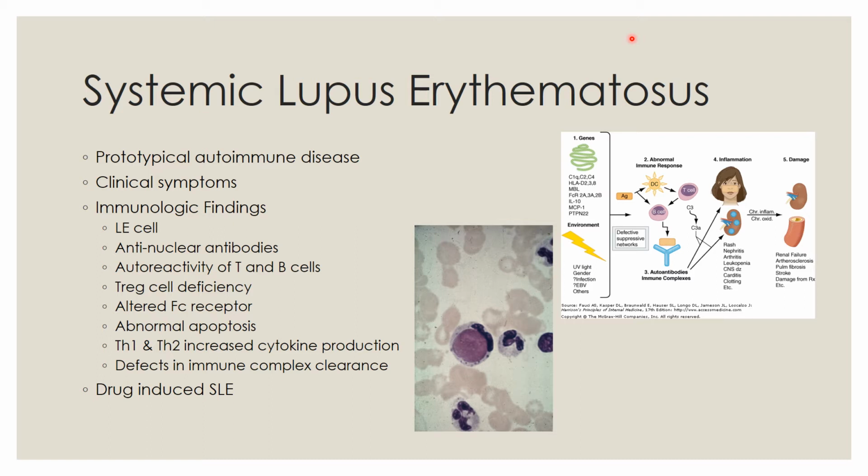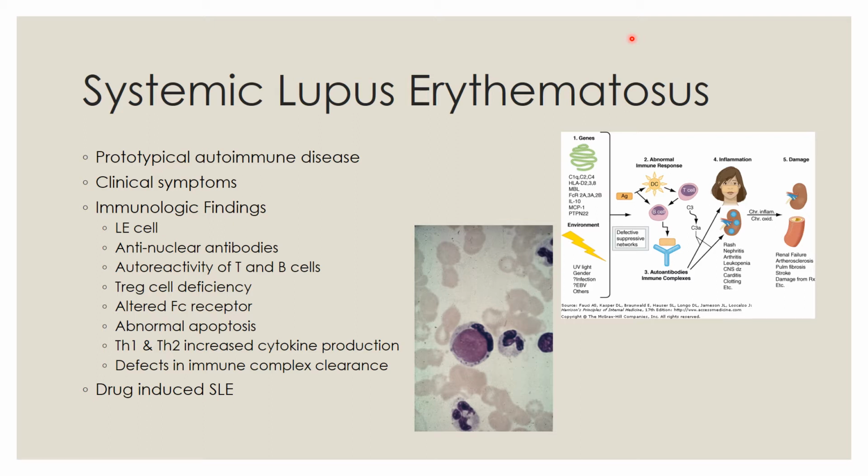And the drugs that are implicated: if your patient is on one of these drugs, then the first thing you have to do is discontinue the drug and see if the symptoms disappear, which might take some time. The most common drugs implicated are procainamide, hydralazine, and chlorpromazine, as well as isoniazid, quinidine, and the anticonvulsants, in particular methyldopa.